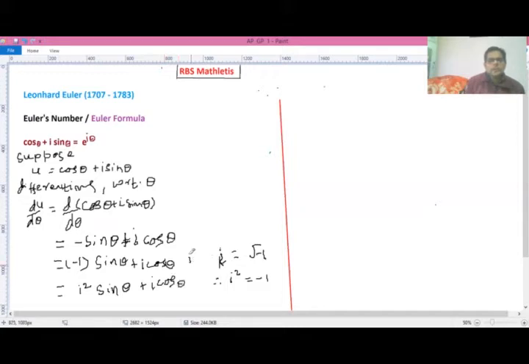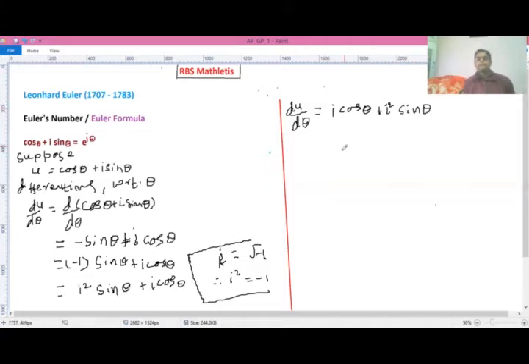Okay, so this you have to note down. Alright, so let's go further now. So du by d theta is now i cos theta plus i square sin theta.